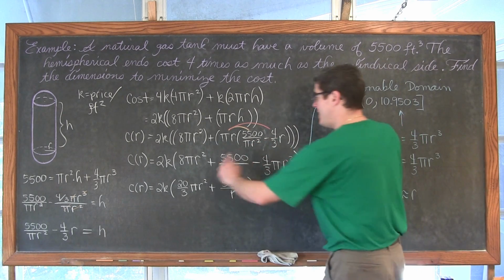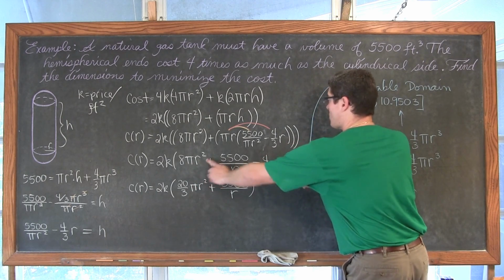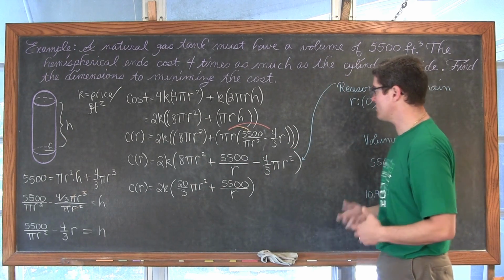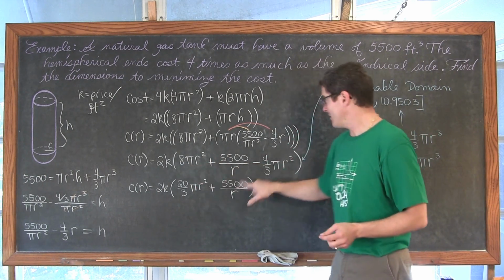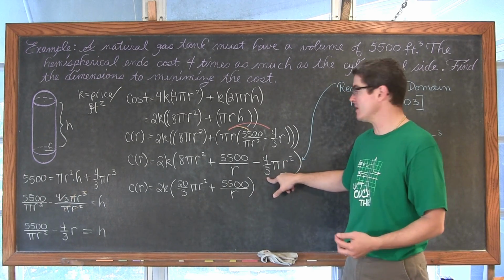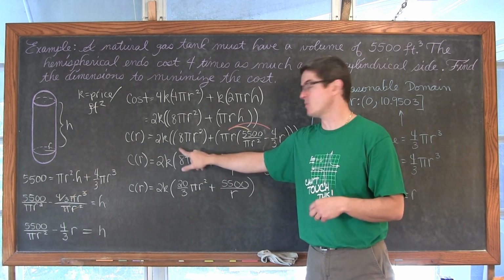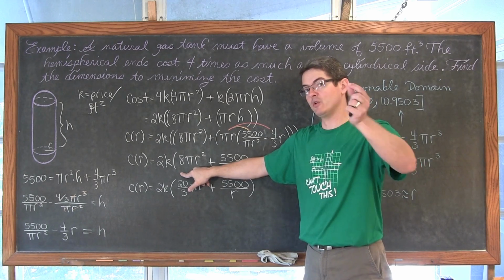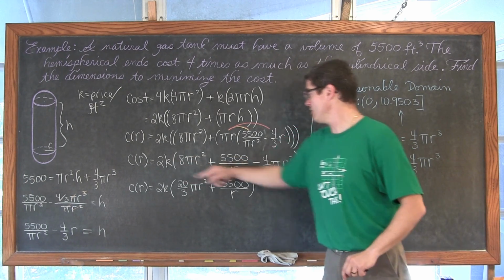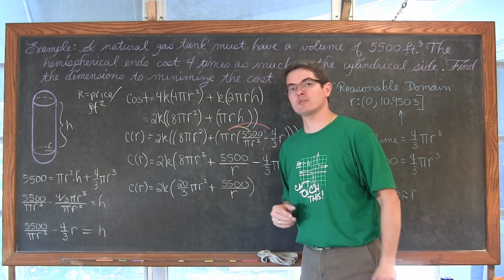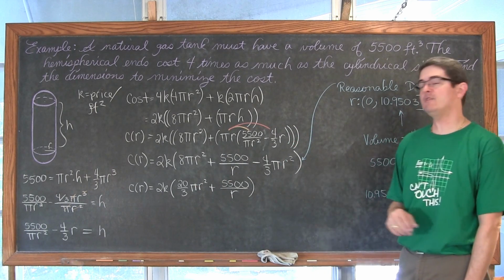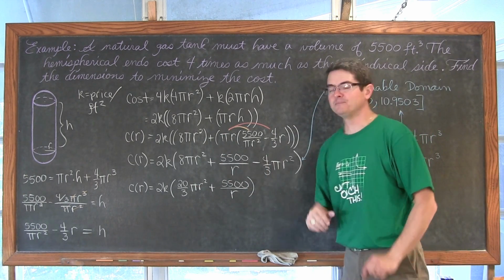Now we have a couple of like terms: 8 over 1 minus 4 over 3. You need a common denominator, so 8 over 1 becomes 24 over 3, and 24 minus 4 is 20 over 3 pi r squared, plus 5,500 over r.